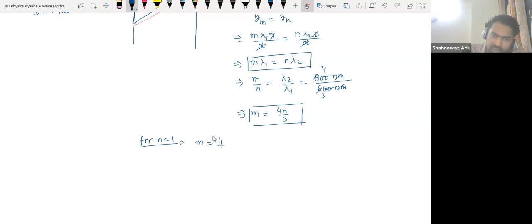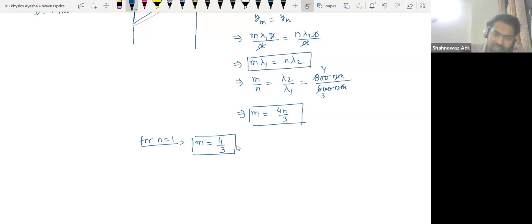So is this possible? Can this number be 4 by 3? 4 by 3rd bright fringe. The bright fringes are first bright fringe, second, third, fourth. They are natural numbers. Yes, sir. m goes from 1, 2, 3, 4, 5. n goes from 1, 2, 3, 4, 5, right?